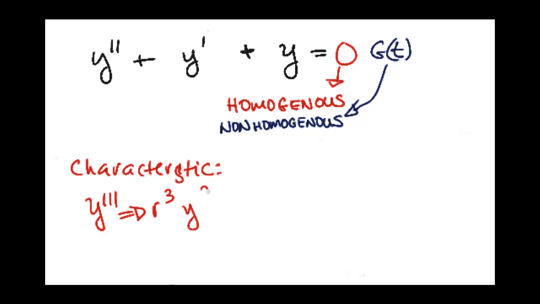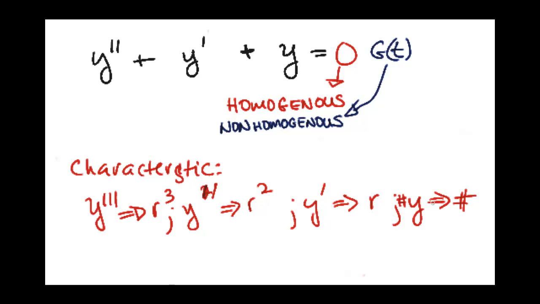Double prime, let's do 2 hash marks instead of squared, that would be r squared, and then single prime would be r, and then no prime would just be the coefficient in front.